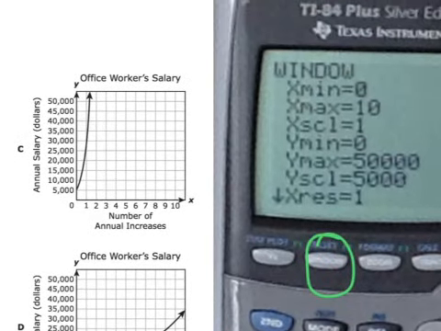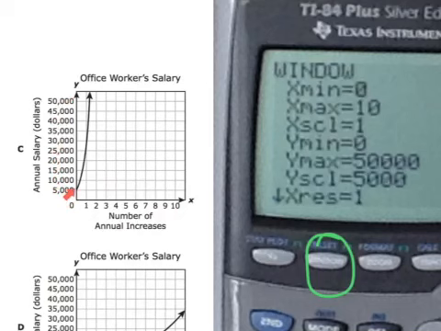I want to make my changes to look just like what they've given me on paper. Looking first at my smallest X value and my largest X value, that's 0 to 10. And each one of these boxes is going by 1. So 0 to 10, the value of each box is going to be 1. And then looking at my Y, I've got going 0 to 50,000.